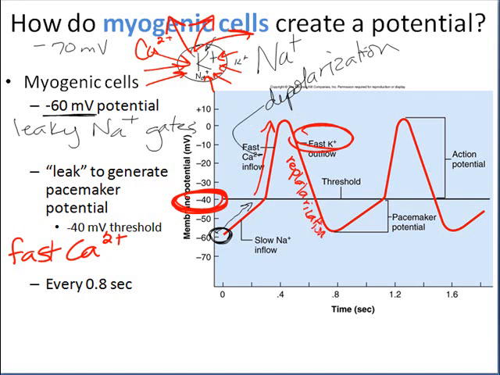And we get back down to pacemaker potential, about -60 millivolts. This entire process happens about every 0.8 of a second. And again, this happens all without any input from the nervous system. This is just a process that occurs spontaneously because of the presence of these leaky sodium channels.